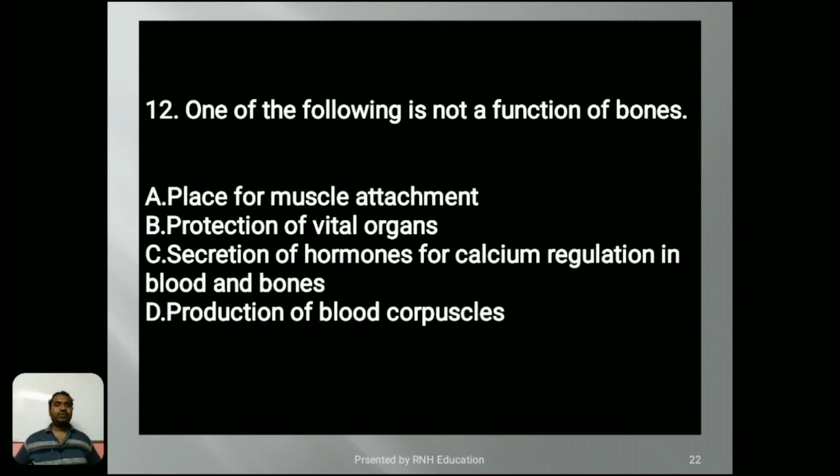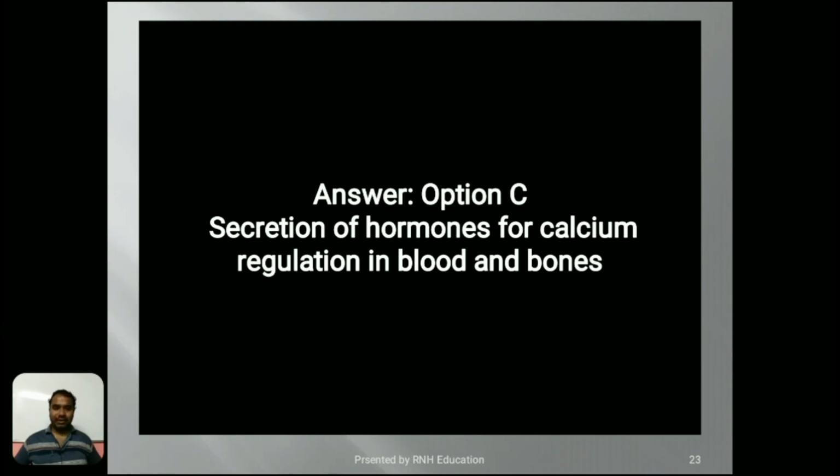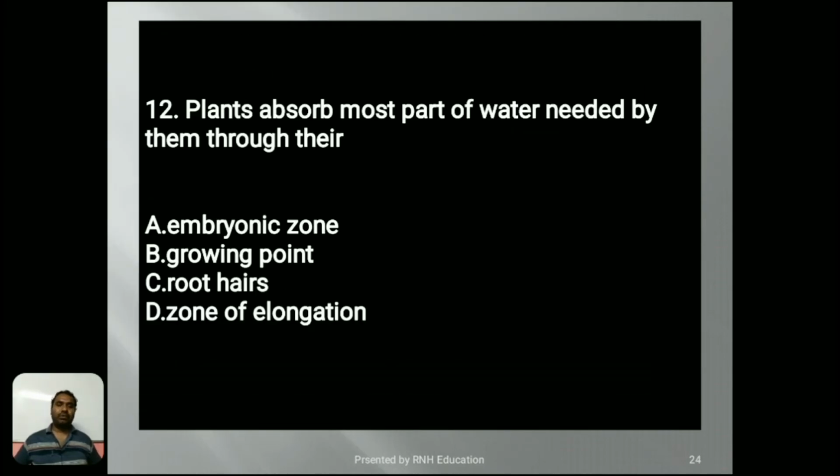So the question is, one of the following is not a function of bone. Actually, I think the answer should be C. Let's see the answer. The answer is option C, that is secretion of hormones for calcium regulation in blood and bones.